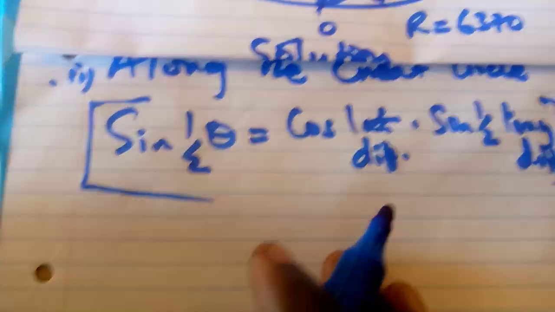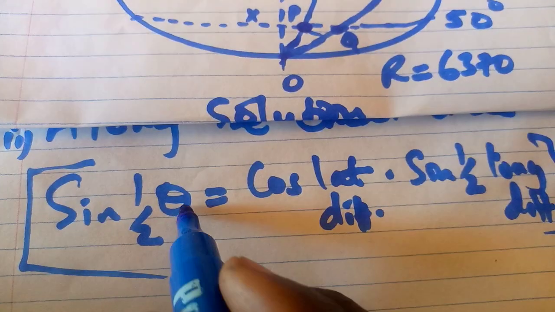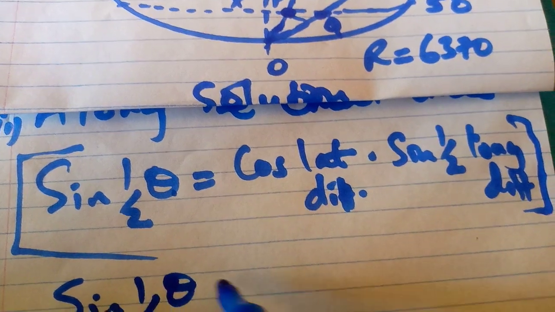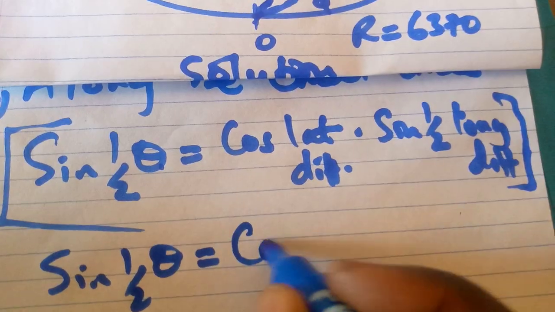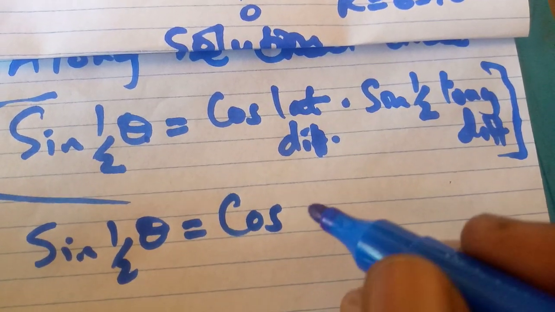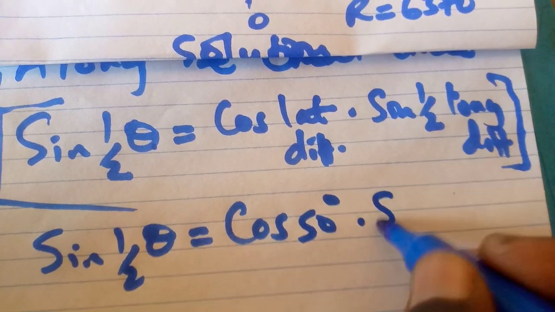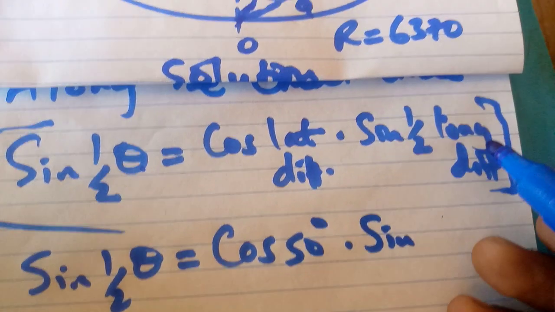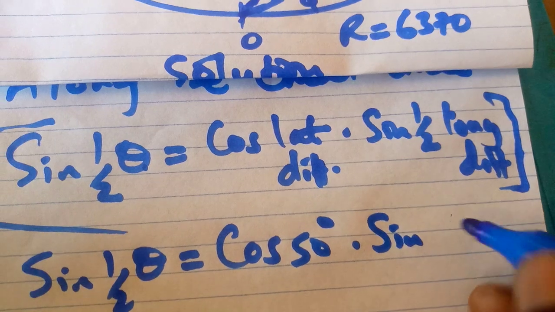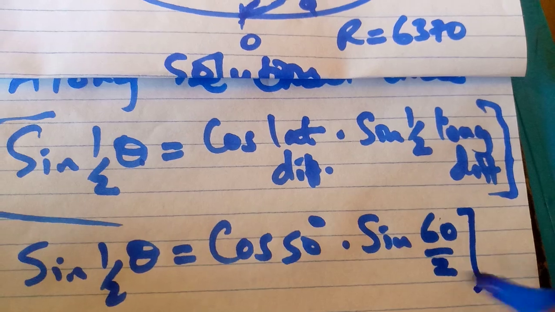So let us compute it and see if we can get the theta. So sine of half theta equals the cosine of 50 multiplied by sine of a half the longitude difference. We got our longitude was 60, so a half of it is that.